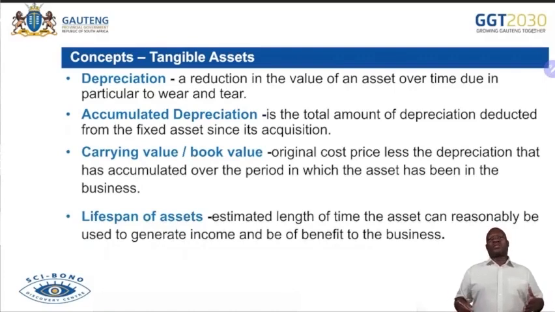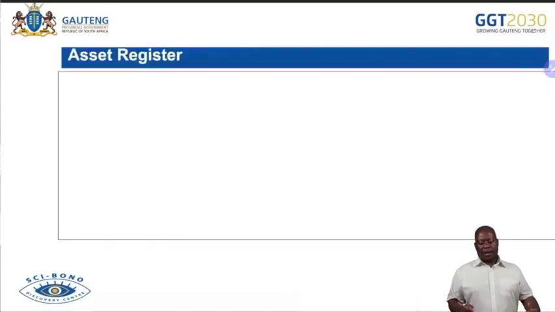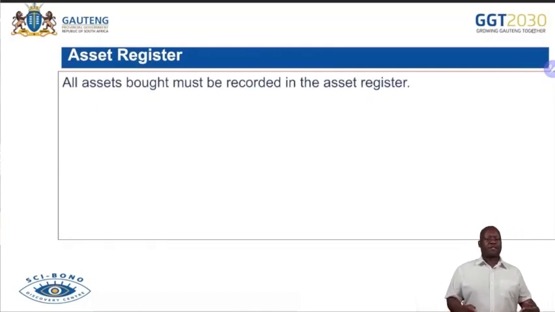So you are going to see now from history, how long you have been using this type of asset before it can start giving you problems so that you lose money in trying to repair it. That's the lifespan of an asset. A reasonable time for the asset to exist in business and still be contributing towards the income of the business.